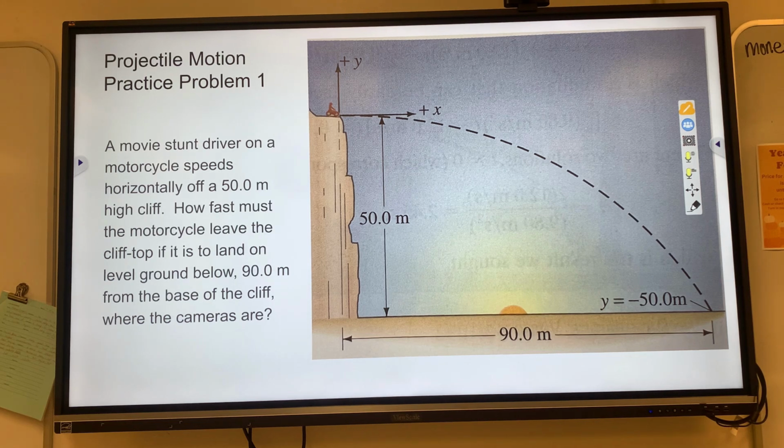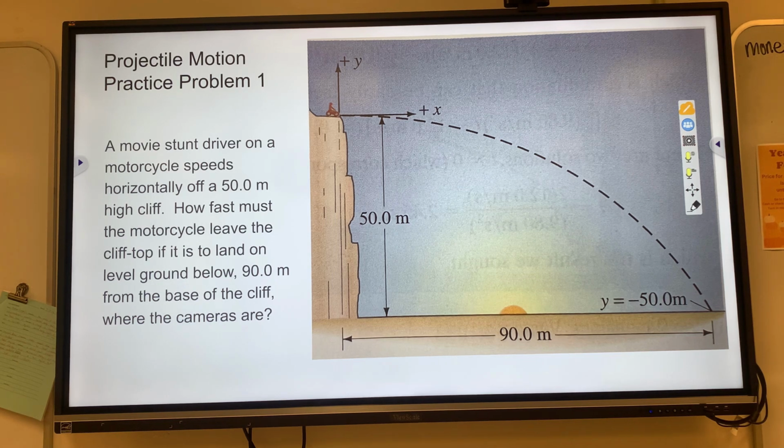Yeah, they both hit the ground at the same time. So I want you to remember that, because we're going to use that insight to help us solve this problem. Ultimately, we are trying to determine how fast we need to drive off this cliff in order to land at a certain spot. I think it says 90 meters away.